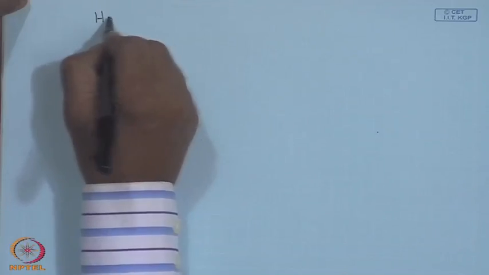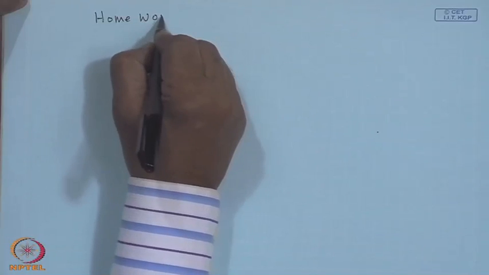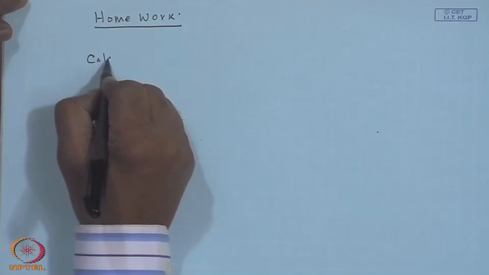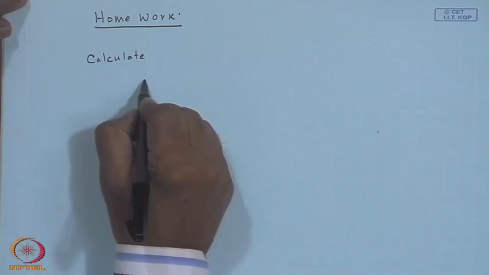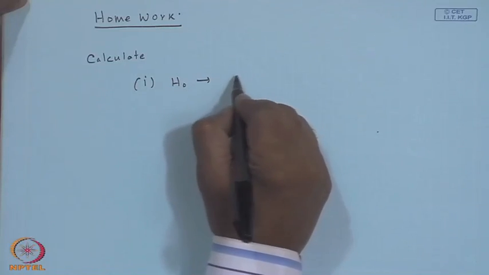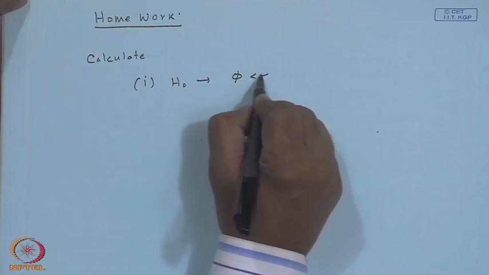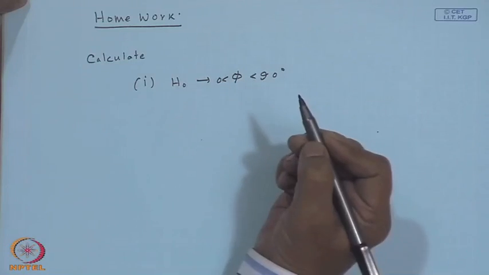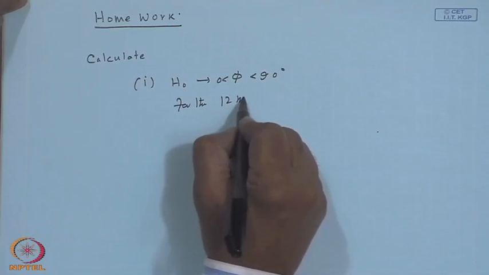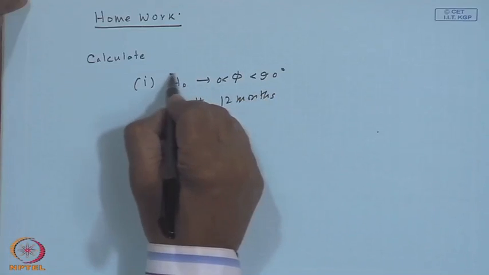So, these are the exercises which we can do, and as some sort of a homework, one, calculate H0 for phi 0 to 90 for the 12 months, let us say H0 bar.